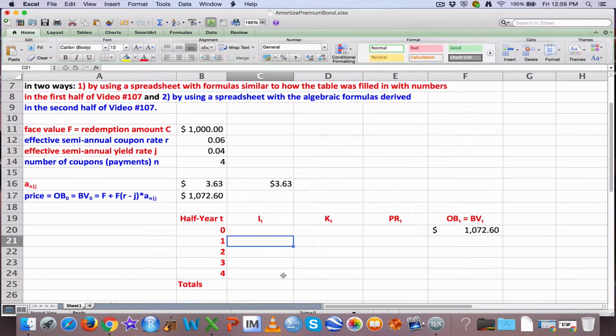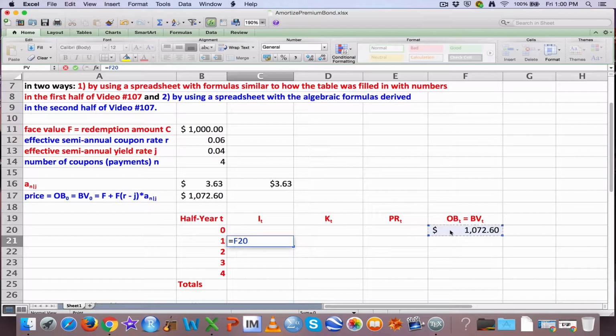So first, what is the interest that the corporation or government entity would pay to you at time 1? Again, the semi-annual yield rate is 4%. It's going to be 4% of the outstanding balance. So as a formula, I want to take the outstanding balance from cell F20, and that I want to be a floating reference because I want that to change as I copy and paste formulas downwards.